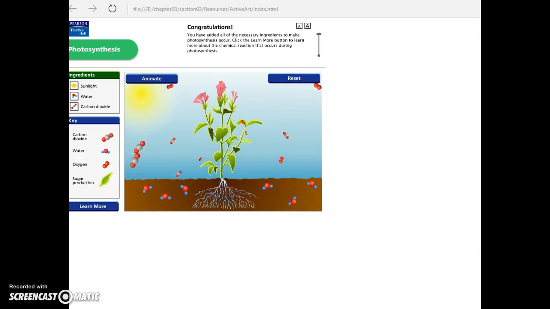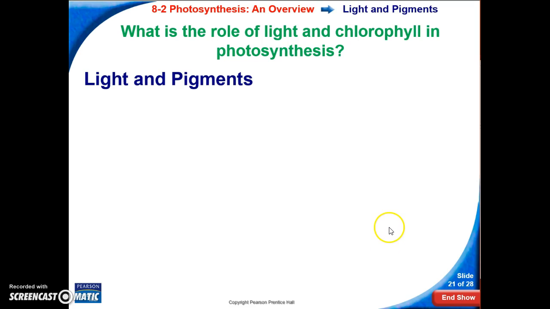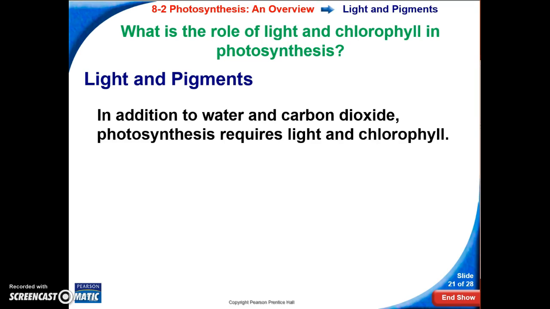Okay, so we talked about the fact that we have light-dependent reactions. So what is the role of light and chlorophyll in photosynthesis? Well, actually they're linked because chlorophyll is a pigment. In addition to the water and the carbon dioxide, photosynthesis is going to need light and chlorophyll.